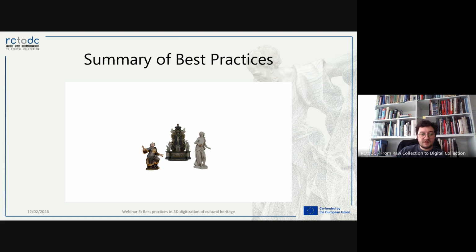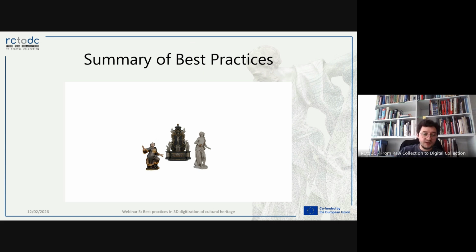Together, these best practices reflect the everyday decisions cultural heritage institutions make, balancing the value of objects, intended reuse, and available resources. They provide a practical framework for planning sustainable, high-quality digitization strategies that support reuse, public access, and long-term impact.